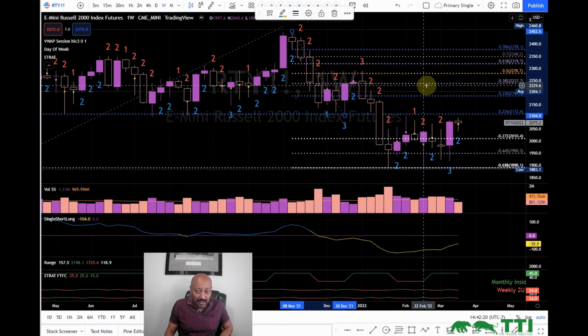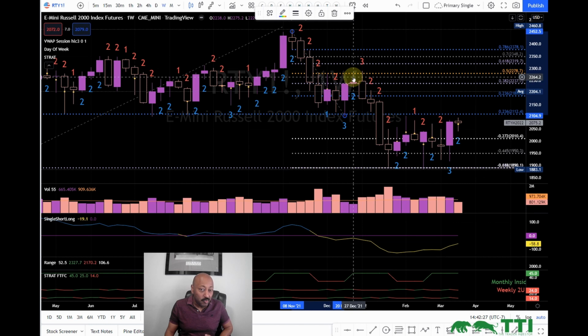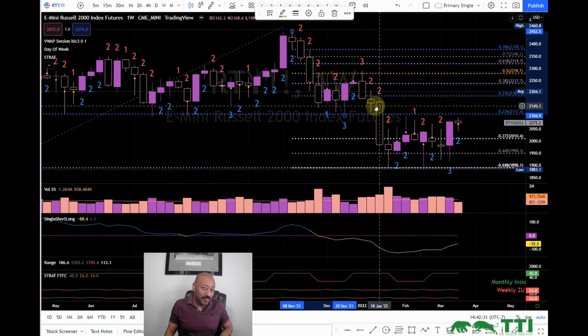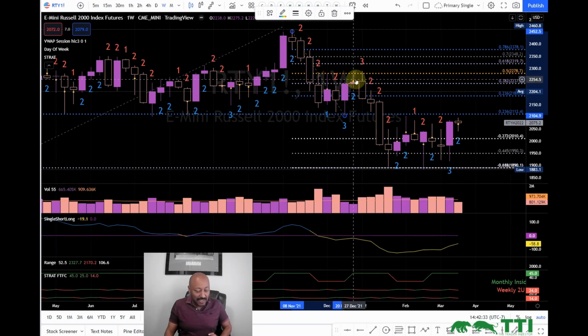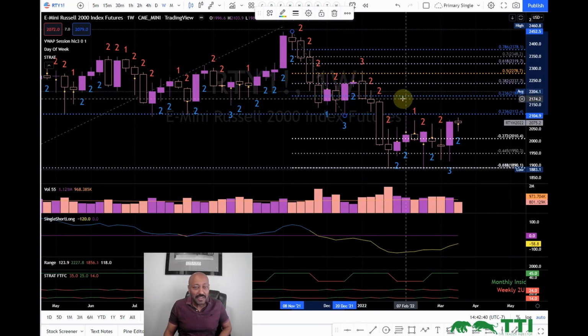I keep going down, and then here, very close to a bar on a weekly basis, closing inside the 38.2. This is close enough to where I say it has closed it, so I'm going to redraw a new set of Fibonacci retracements.